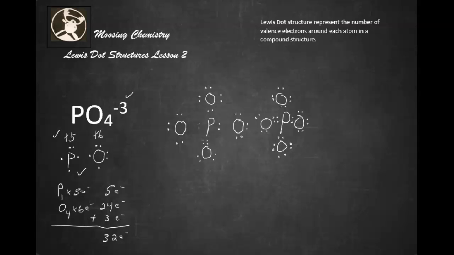That's the second possibility. The third possibility would be this. In this case, we're going to put the double bond right there. If you'll notice, all these structures have 2 electrons. Pretty cool, huh?